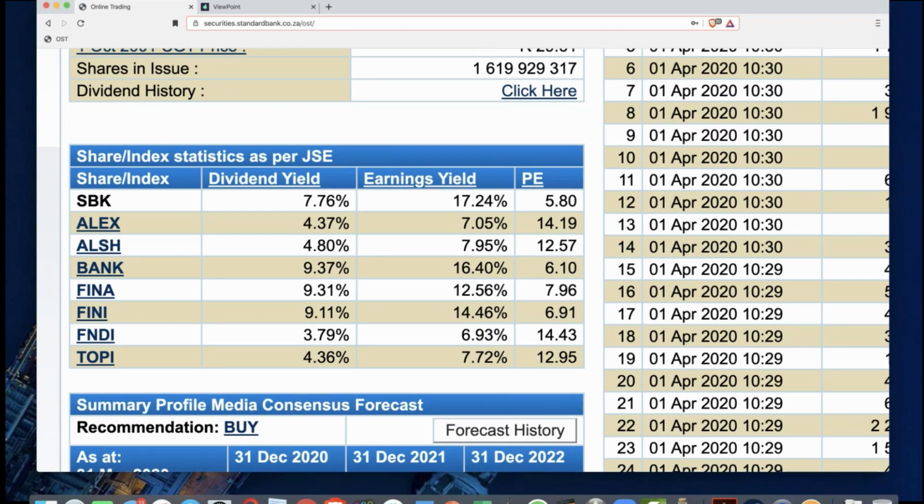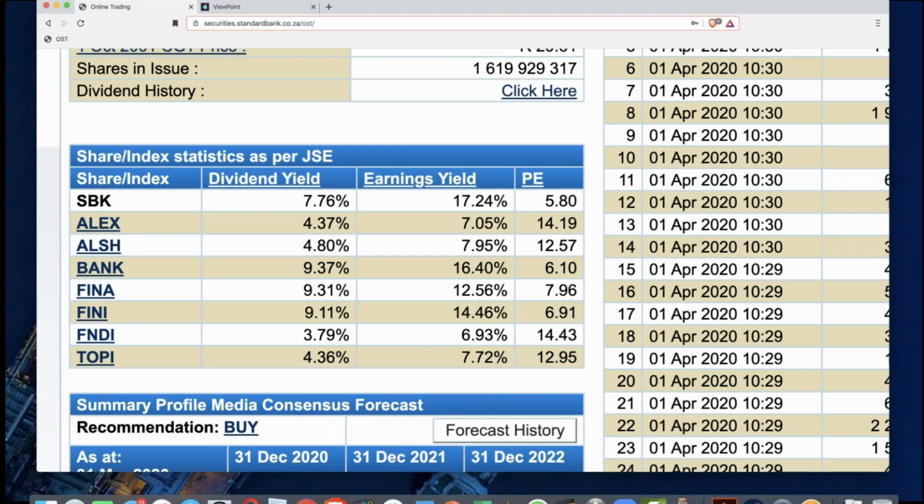Shares/index statistics. What it's showing you is the Standard Bank dividend yield, earnings yield, and price earnings ratio. And earnings yield is just an inverse of the price earnings. So instead of being price divided by earnings, it's earnings divided by price, multiplied by 100, expressed as a percentage.